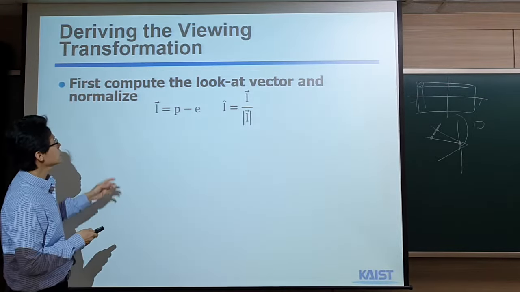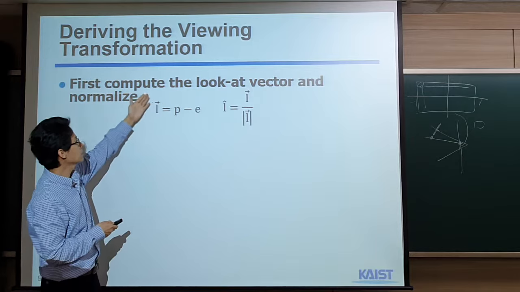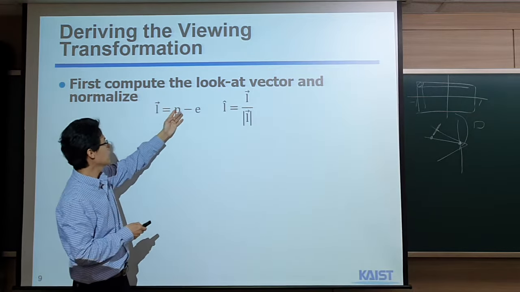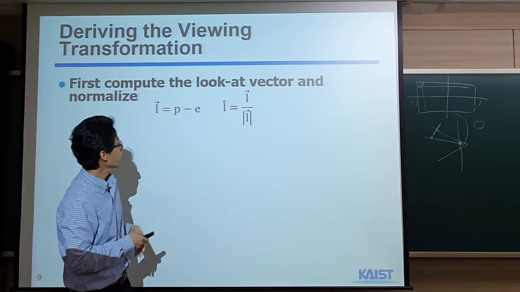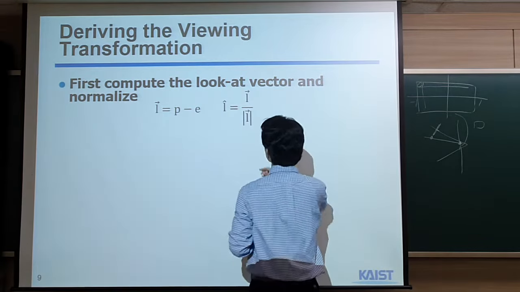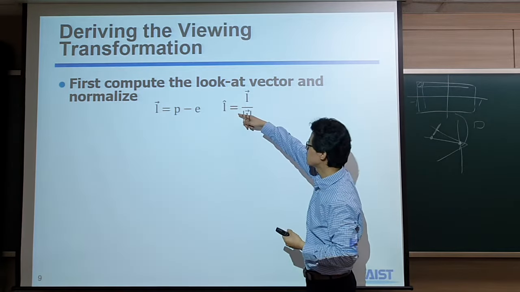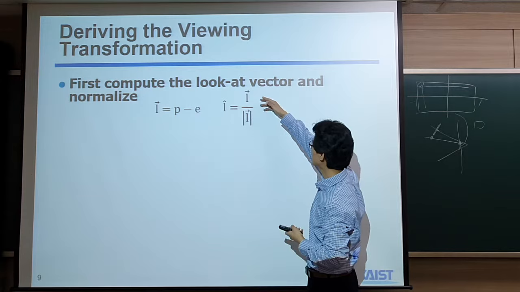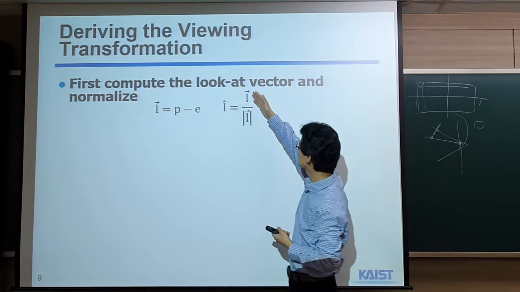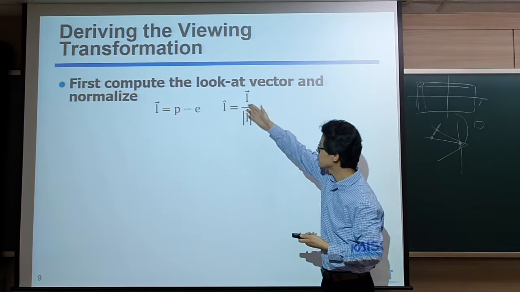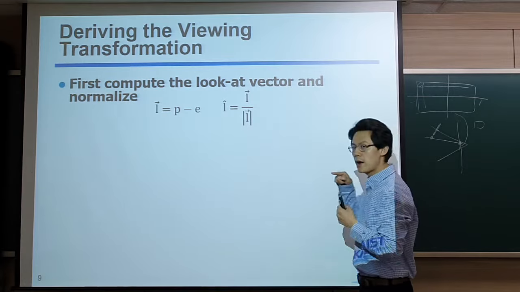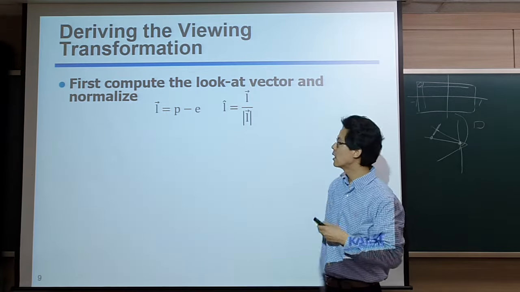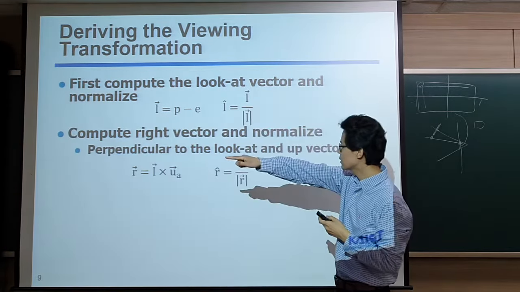That's the look at vector. I define this L as P minus E, where P is a point, and then I use L hat, which is the normalized vector. Basically, I divide this L vector by its magnitude. So now it defines the look at vector, the looking direction.